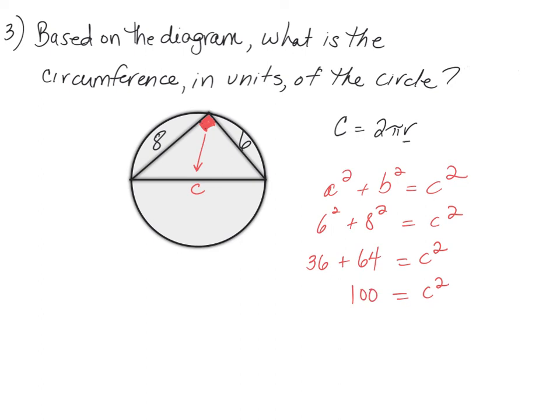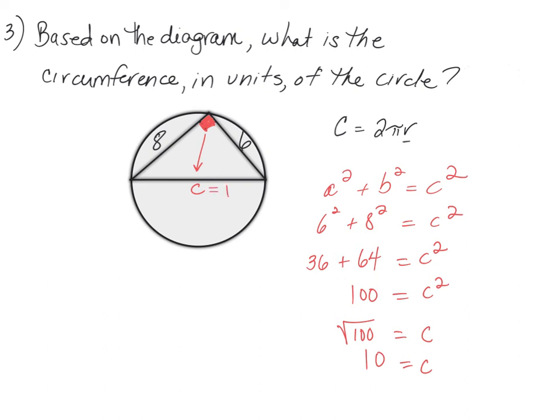And the final step to find out what c equals is to take the square root of 100. When we take the square root of 100, we are looking for a number times itself that will give me 100. And that number is 10. 10 times 10 gives me 100.